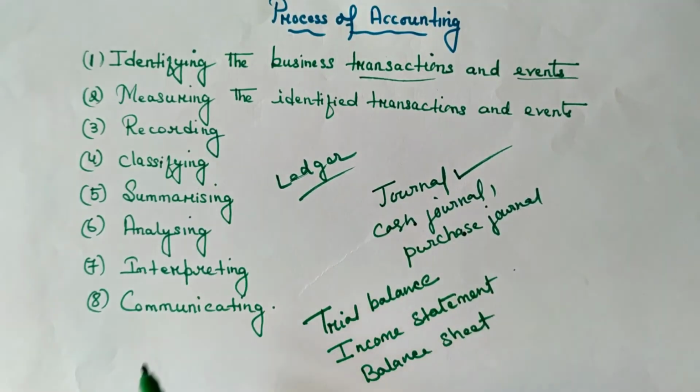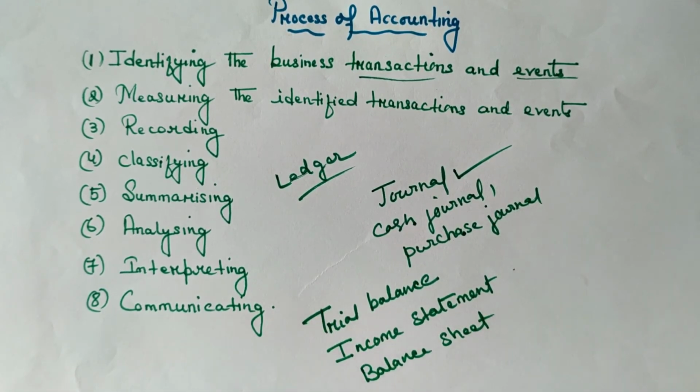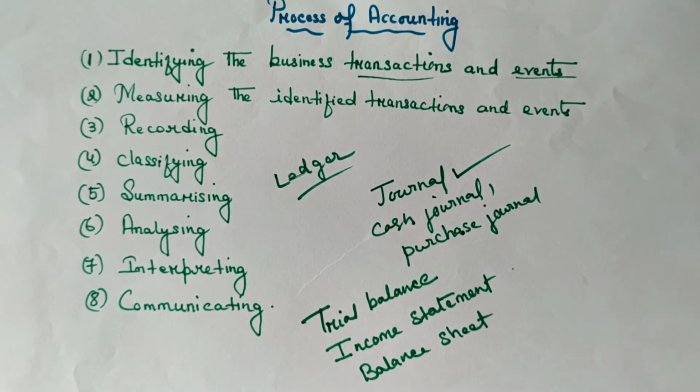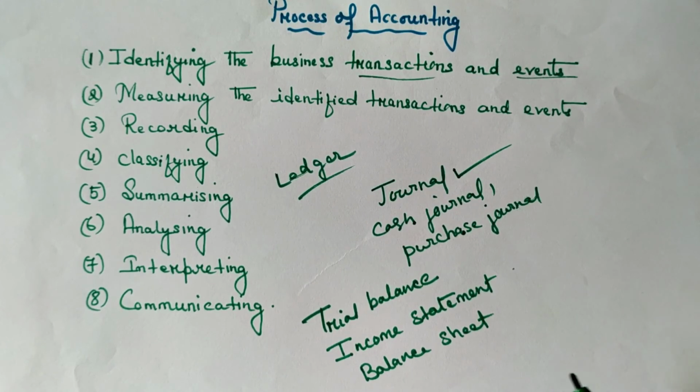The last step in accounting process is communicating. Now, after the accounting information being meaningfully analyzed and interpreted, these are required to be communicated in a proper form and manner to the proper person.